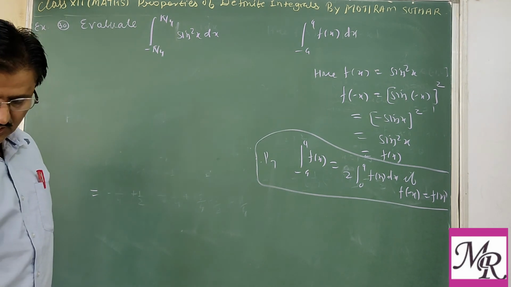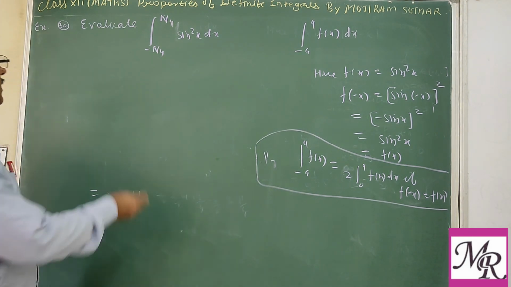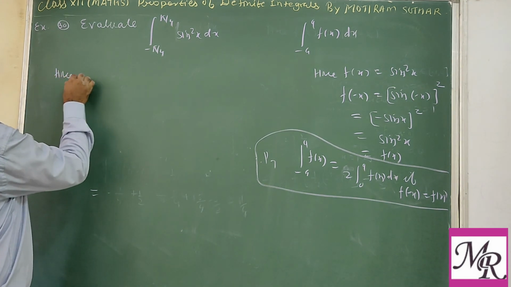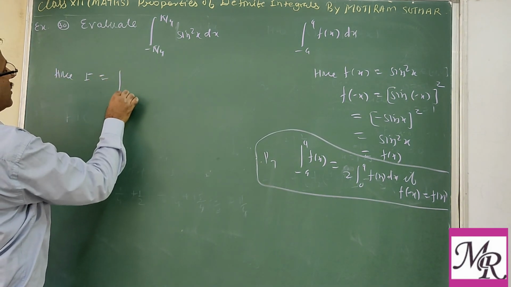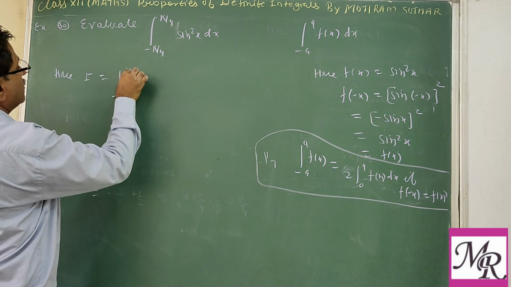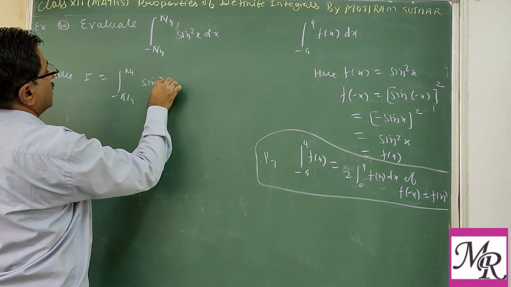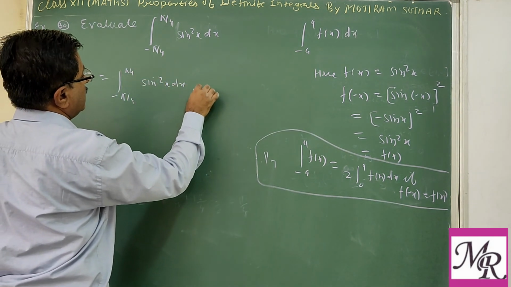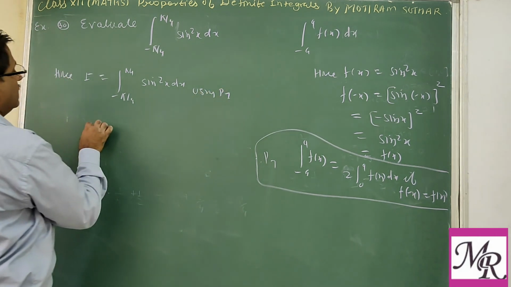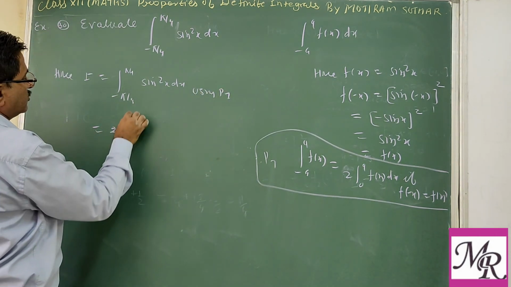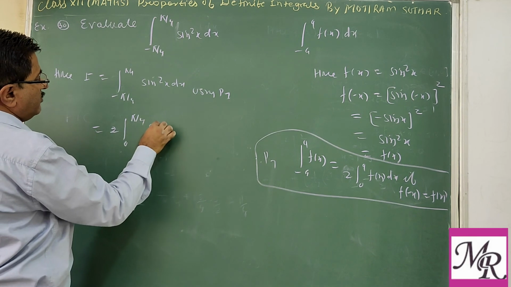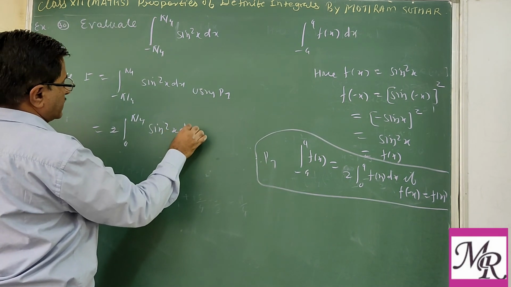So we can write this as I equals the integral from minus pi by 4 to pi by 4 of sin square x dx. Using P7, it is written as twice the integral from 0 to pi by 4 of sin square x dx.